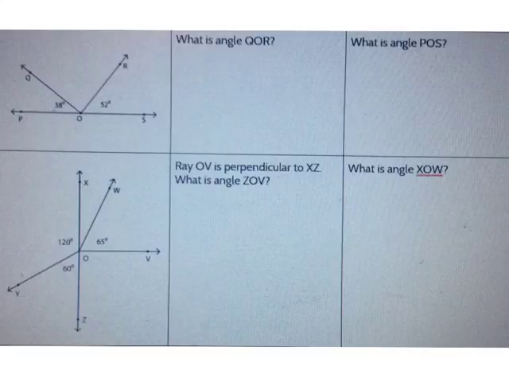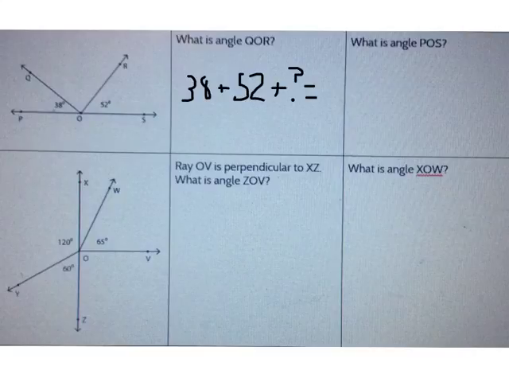What's angle QOR? Again, I can see that QOR is part of three angles that make a straight line. So I know 38 plus 52 plus QOR equals 180. Just like we did yesterday and in the first problem, solve for angle QOR.